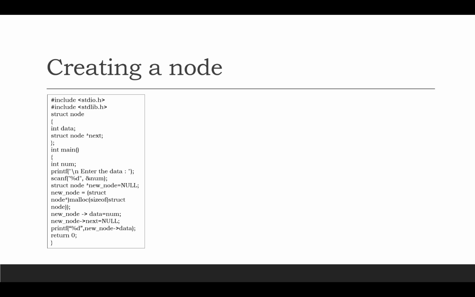So here, at this place, we get the value for num. For example, I give a value for num here. Then we allocate the memory space for this node. Then by using this statement we assign the value for the data field. Then we have given newnode->next = NULL. So here it is null. Why is it null?